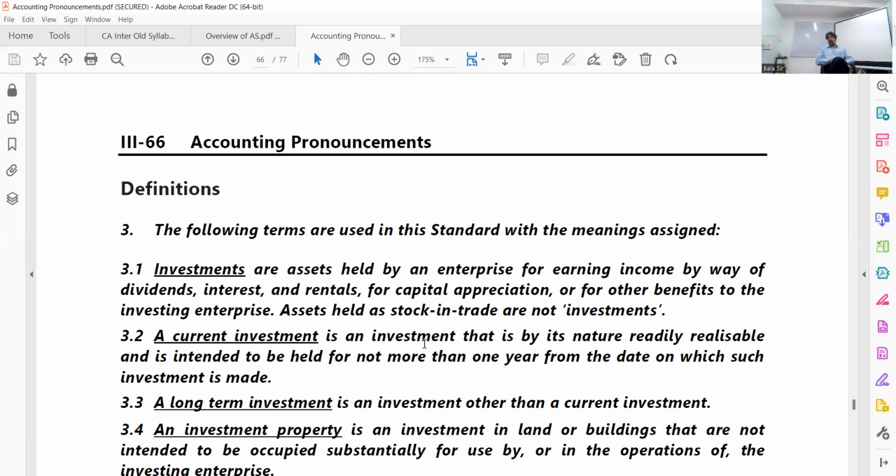And they also say there can be other benefits that will flow to your enterprise, meaning the holder of these investments. If you are the holder, you are that enterprise. You are that entity. You are the holder of that investment. What are other benefits?